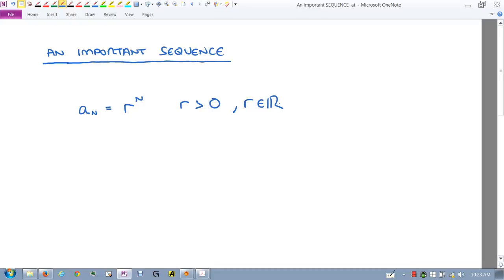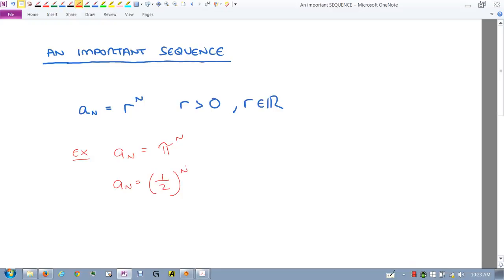So some examples of this sequence would be the sequence pi to the n, the sequence 1/2 to the n.